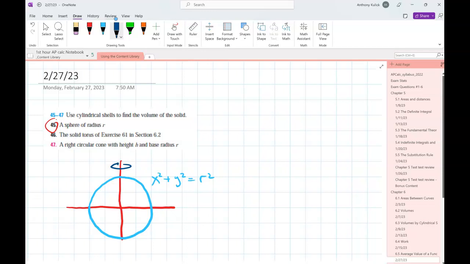y then. So if I'm going to take a perpendicular cross section here to that, so this would be like, now Mr. Kulik is rusty on this.